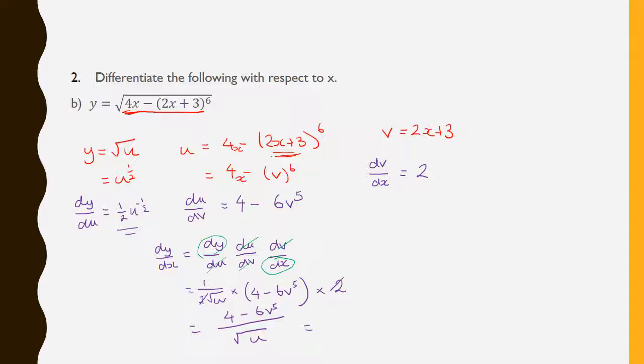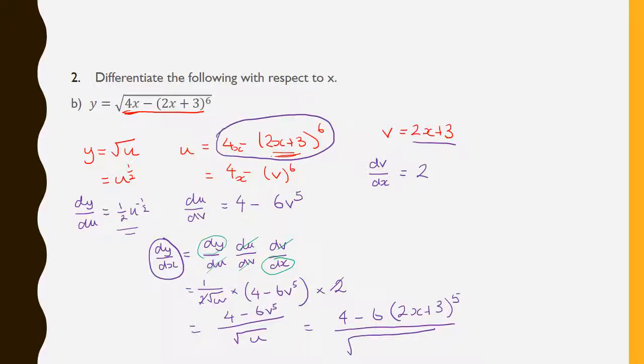Finally, we can substitute in, we were wanting the derivative dy/dx, so I need to substitute in the values of v and u, those functions. So I would get 4 minus 6, instead of v, we have what we had to find up here, 2x plus 3 to the power of 5, and that is all over the square root of, instead of u, we have the function defined earlier here.